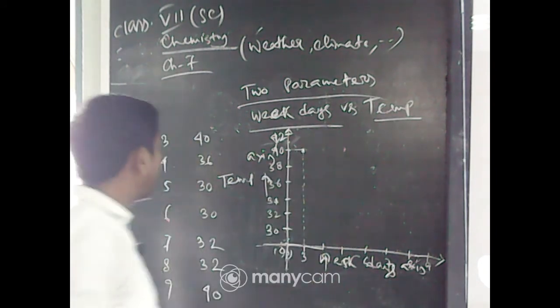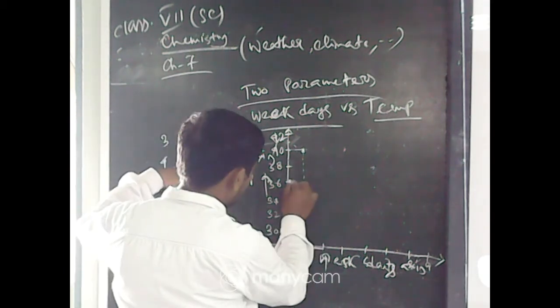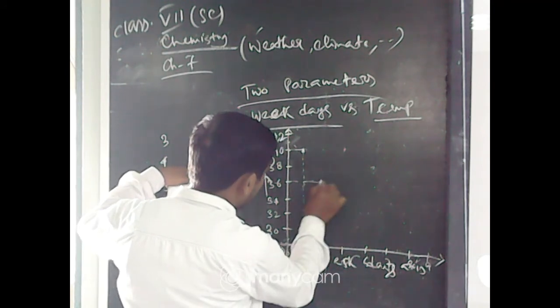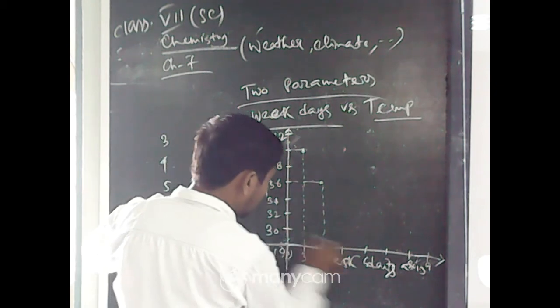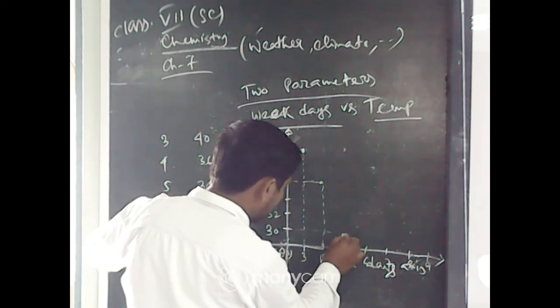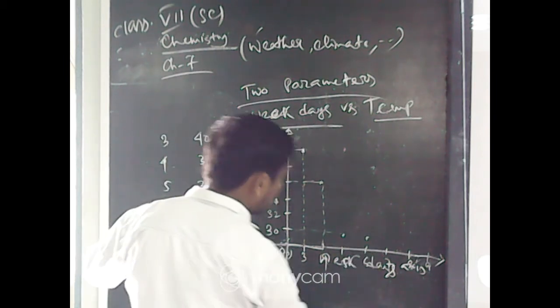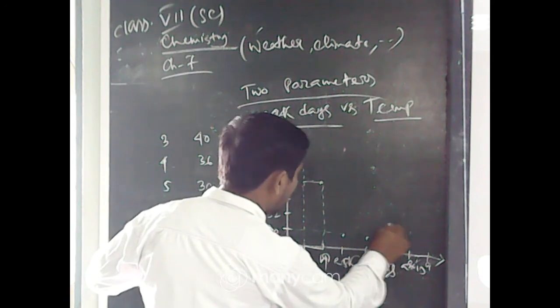In the same way, we make the next one: on 4 it is 36, so that is the point. Next 30, where is 30? It is here. Next also 30, it is here. Next 32, 32 is here.